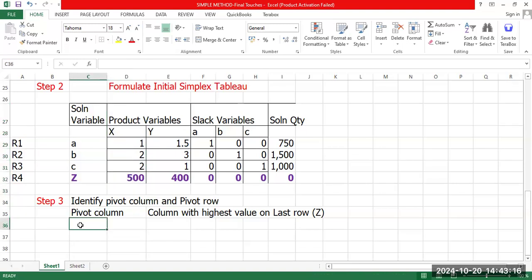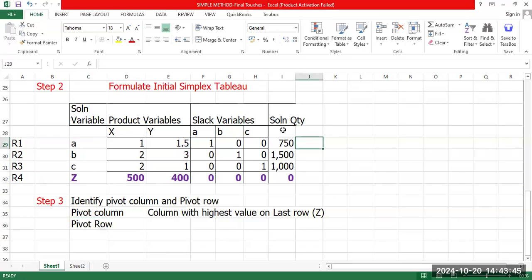Then what will be your pivot row? You must do the working to identify the pivot row. Which kind of working are you going to do here?